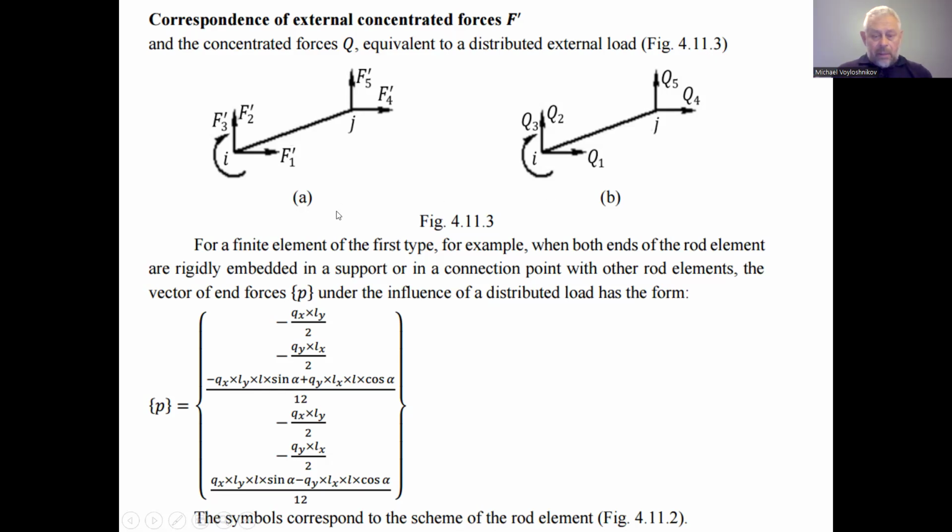4.11.3. The direction was about the same as scheme A and B of the finite element, and the direction of the concentrated load applied to the finite element, the beginning and the end, in our definite case, because this is node number 2, this is node number 3. So in node number 2 we have a rigid corner. For the rigid corner we have the bending moment, F3 stroke.